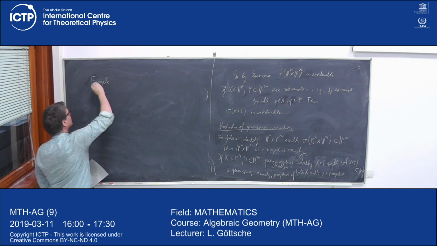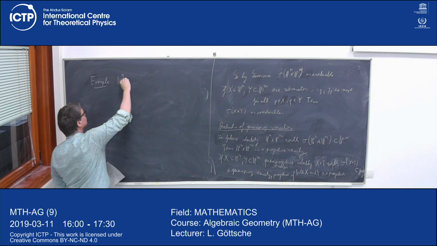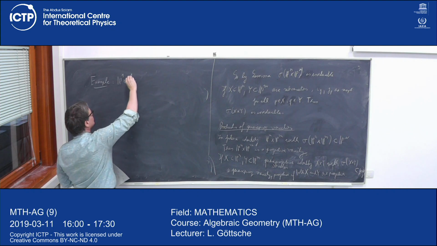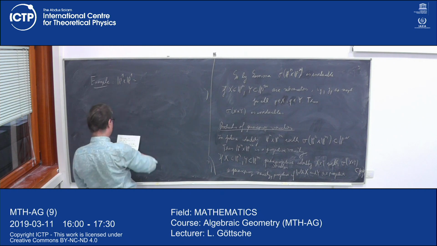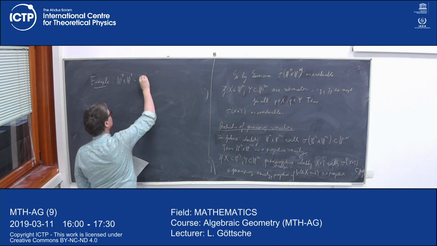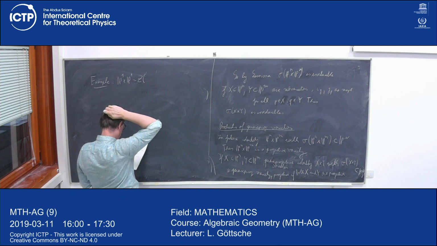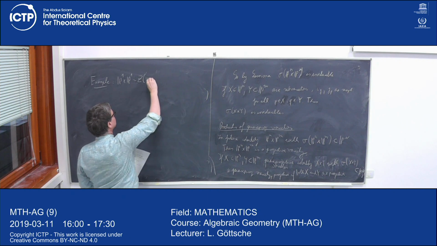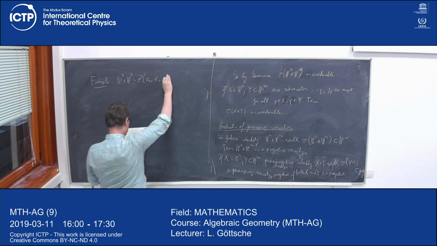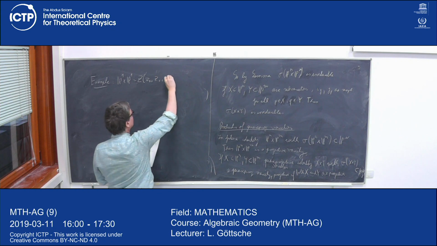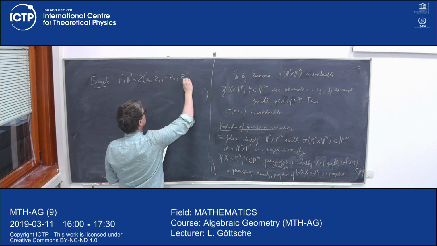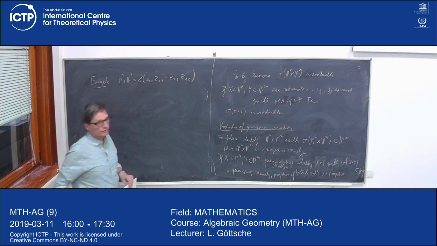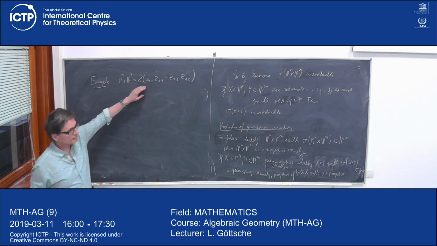For example, without identification, we have P1 times P1 equal, strictly speaking, to sigma of P1 times P1, which is just the zero set of Z00 Z11 minus Z01 Z10. I claim it's just the zero set of this one equation.